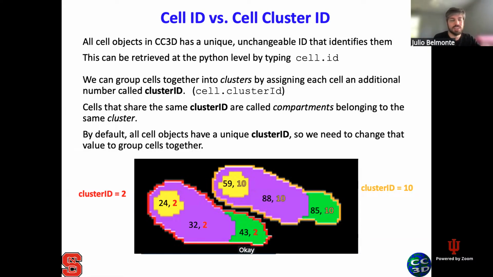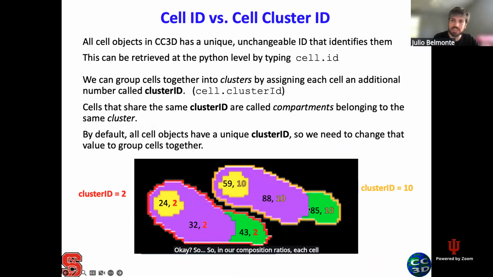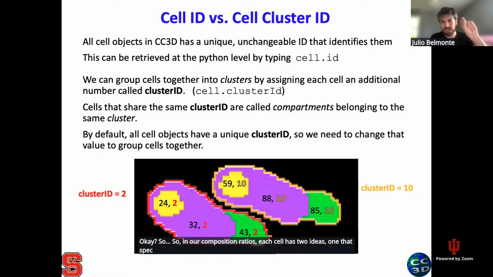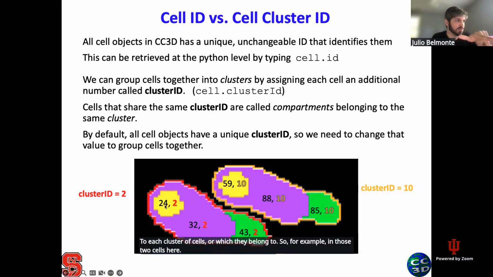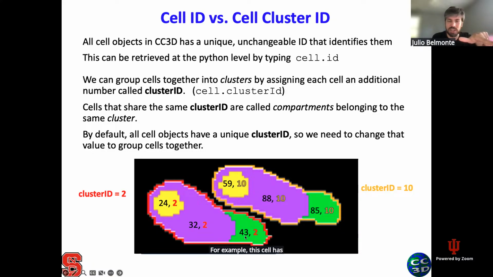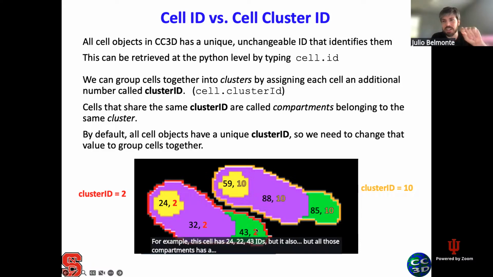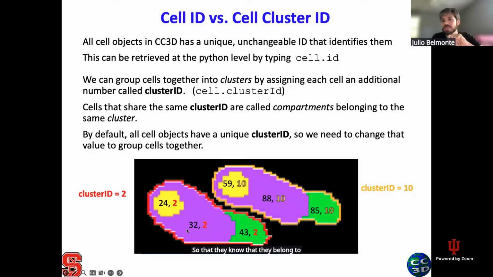In our CompuCell simulations, each cell has two IDs: one that specifies who they are, and another called the cluster ID that specifies which cluster of cells they belong to. For example, in those two cells here, this cell has IDs 24, 22, 43, but all those compartments have a cluster ID number 2, so that they know that they belong to the same cluster.